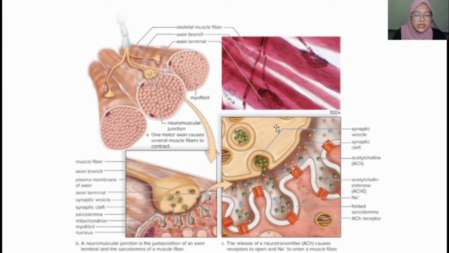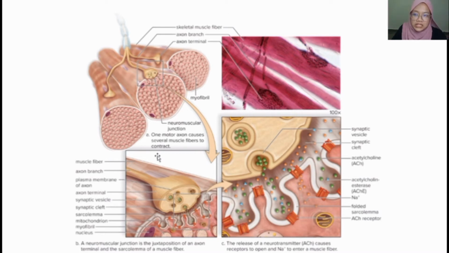Assalamualaikum, I'm Farhanum Anissa, and I'm going to share about the structures that are involved in neuromuscular junction. As we know, neuromuscular junctions occur at the axon terminal and the muscle fibers. Some of these structures we already know, and some are new to us and we are not familiar with.